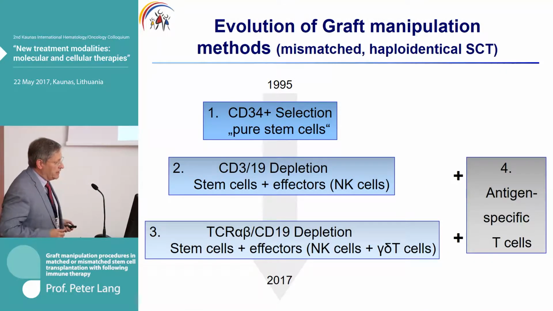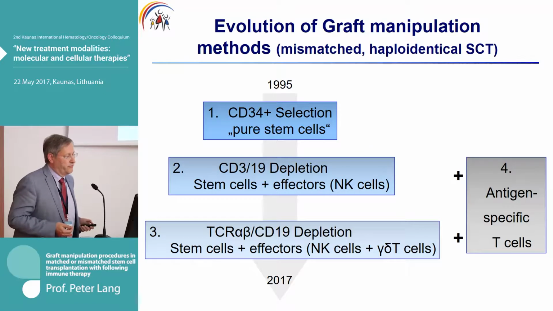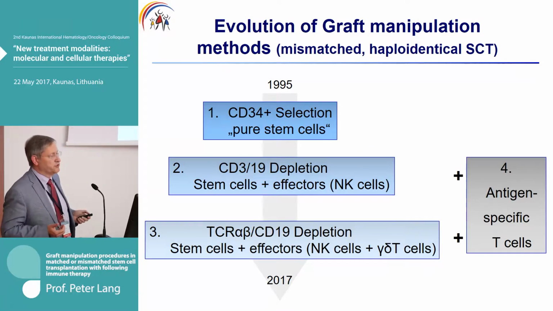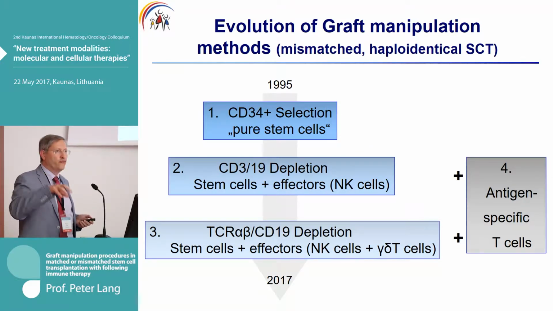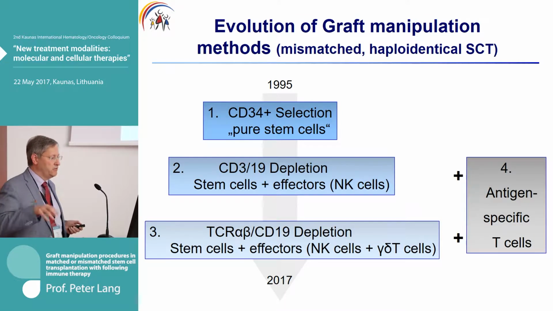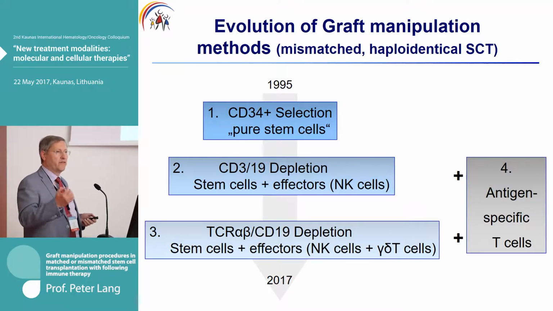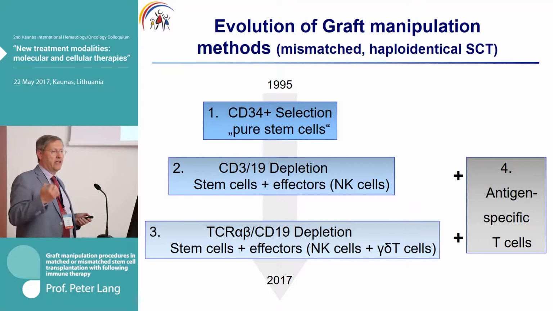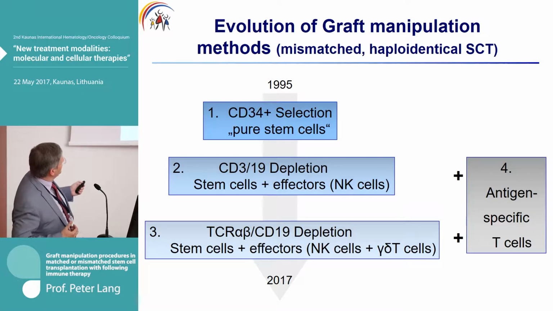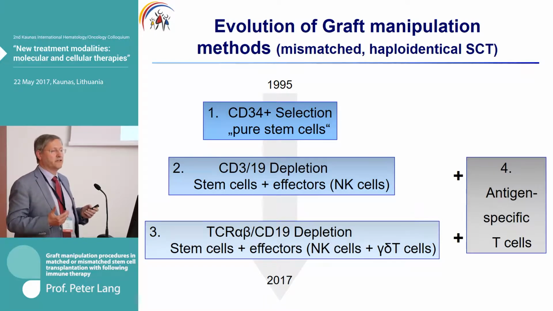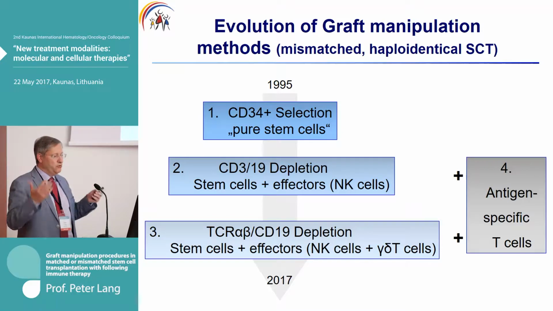And this is the evolution of the graft manipulation methods, and I now want to focus on mismatched haploidentical transplantation, because this is the major indication for those graft manipulation procedures. We started in 1995 with the CD34 positive selection, and we infused pure stem cells and nothing else.